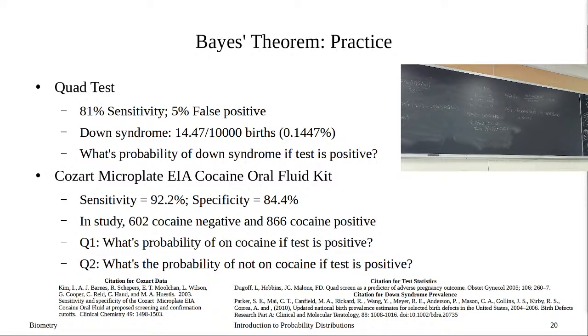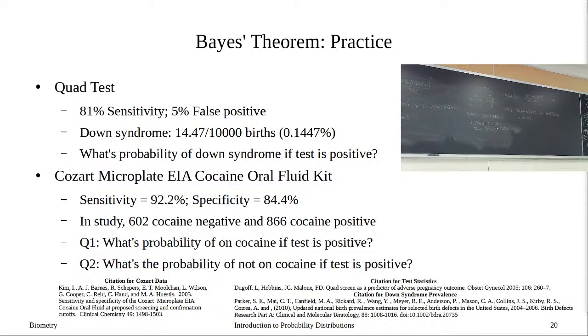All right, so if we assume that these numbers are the actual numbers in our population, then what's the probability of testing positive for cocaine? So actually, let's look it up.